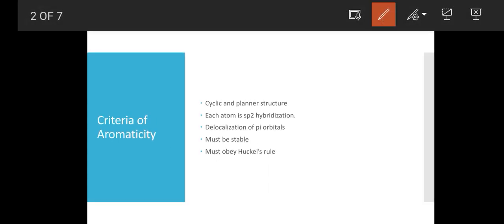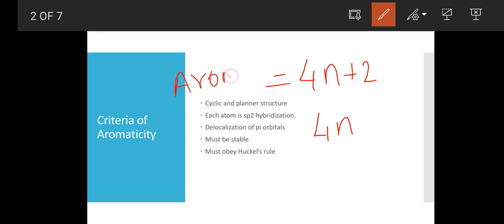What is Huckel's rule? Huckel's rule means the 4n plus 2 rule and the 4n rule. If a compound obeys the 4n plus 2 rule, that compound is an aromatic compound.